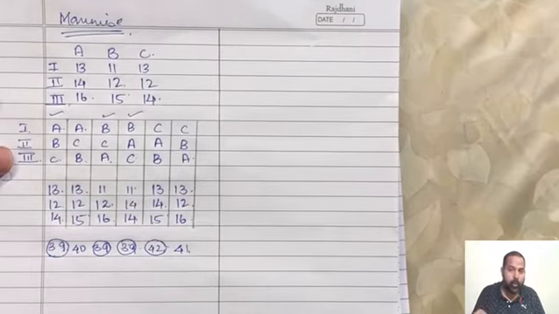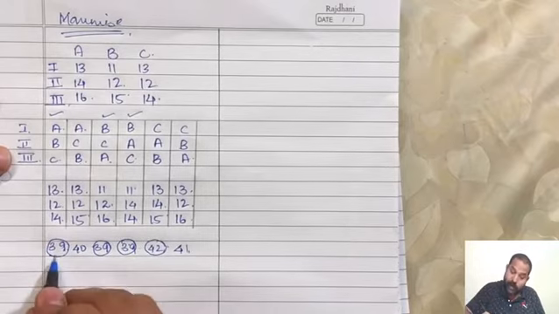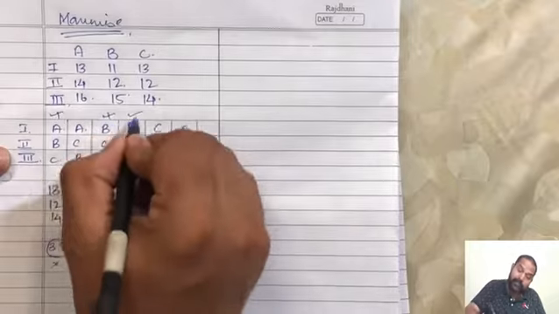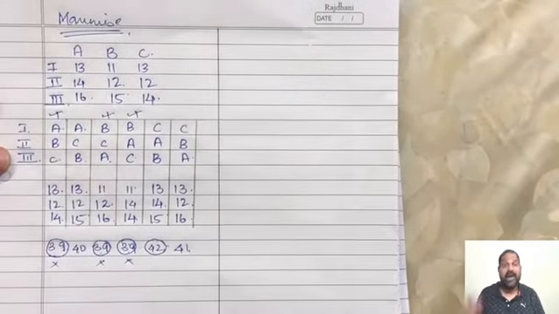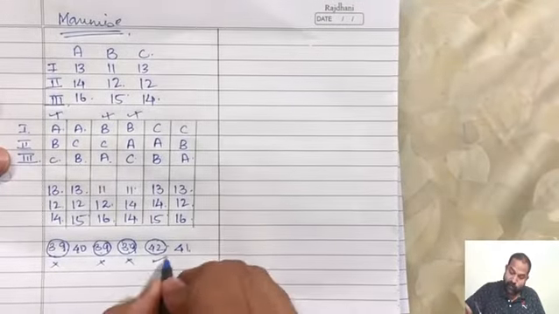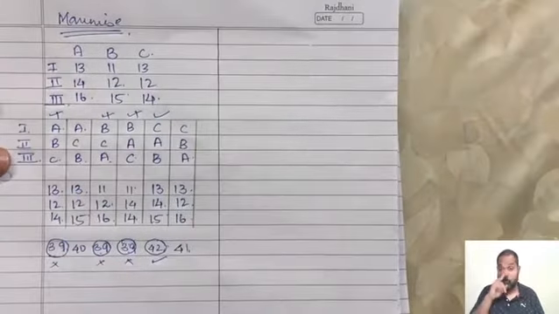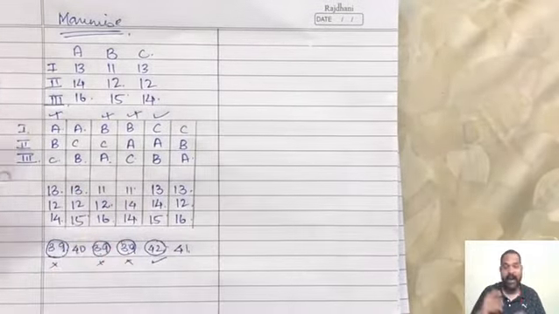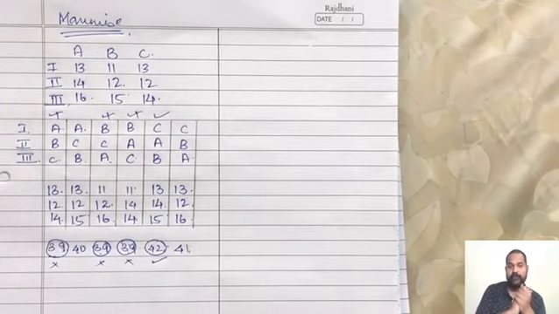But does the problem want me to minimize? No, it wants me to maximize. It doesn't want the minimum value. It wants the maximum value. And the solution that gives you the maximum value is 42, which is 1 going to C, 2 going to A and 3 going to B.